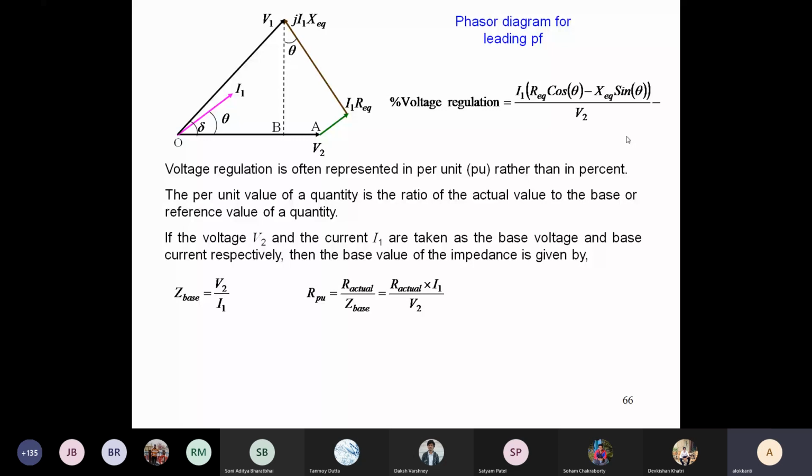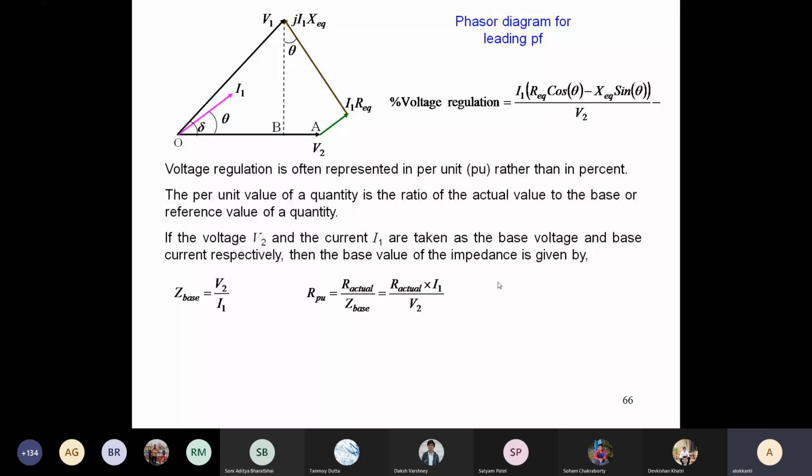That is how the R per unit is expressed. The actual value of the resistance multiplied by I1 divided by V2 is the per unit value of the resistance. What will be the dimension of this per unit? Dimensionless. So this per unit value of resistance has no dimension. This is how per unit values are calculated.